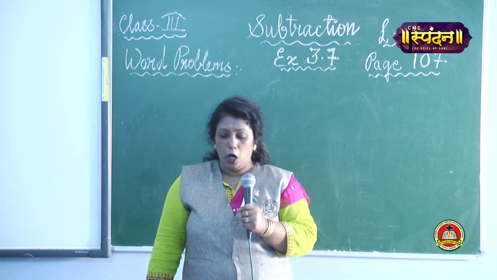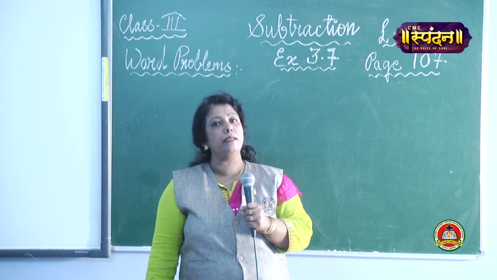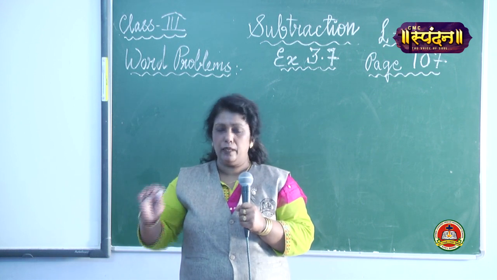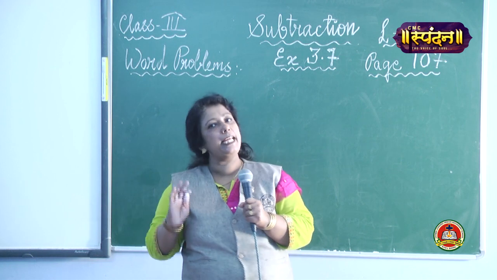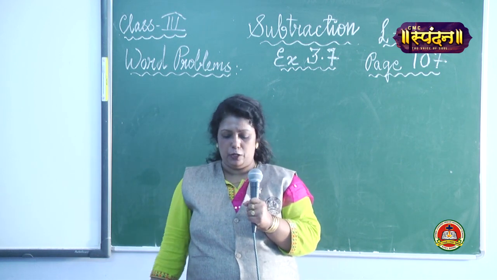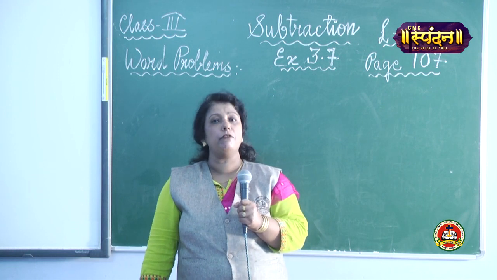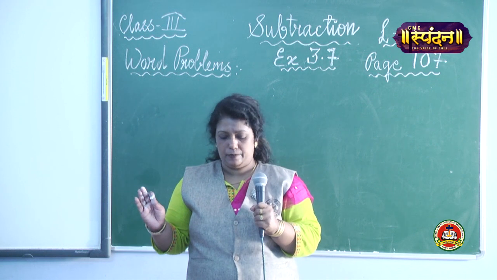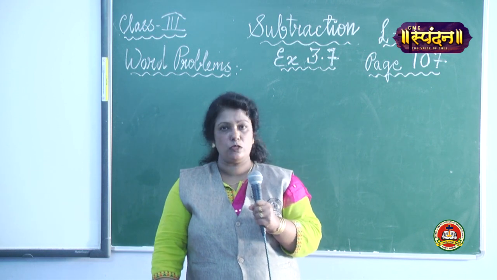So, how many boys are there in a school? For that, no need to write the whole word problem. Only write the solution. The example of the first solution is given in the book, page number 107.